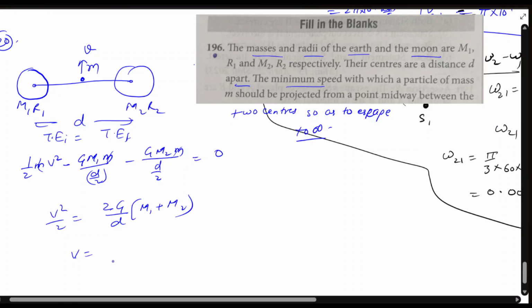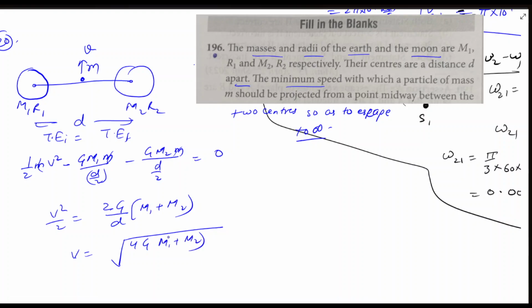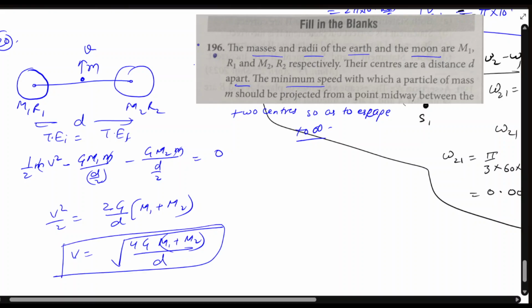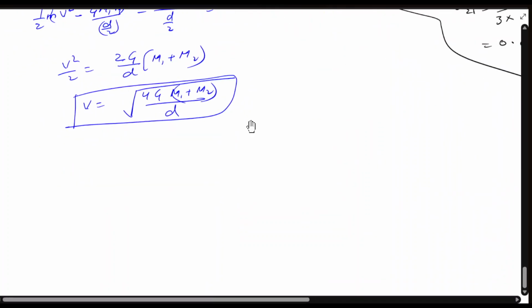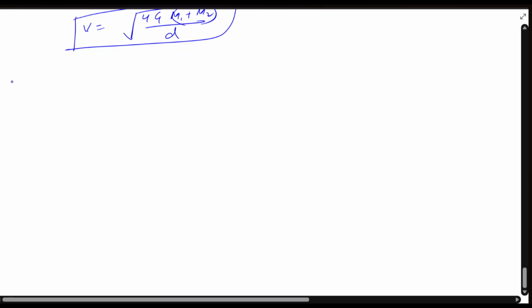So we have v as root of 4G (M1 plus M2) by d. Okay. So again, this is a similar question we have just discussed. Let's move on to our final question.